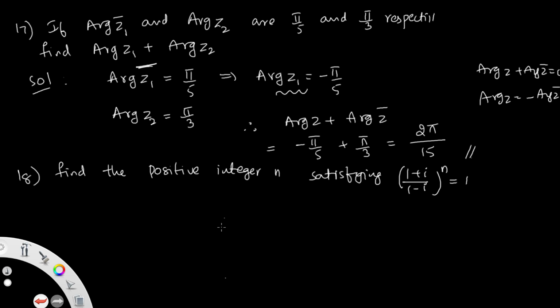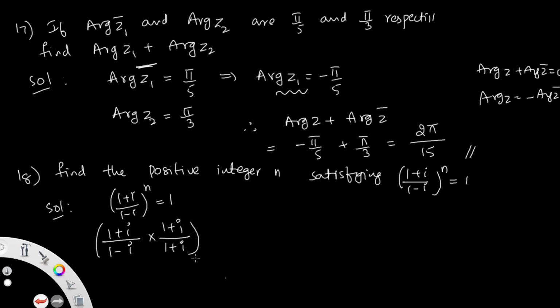To simplify, we rationalize: multiply and divide with the conjugate of 1 minus i, which is 1 plus i.